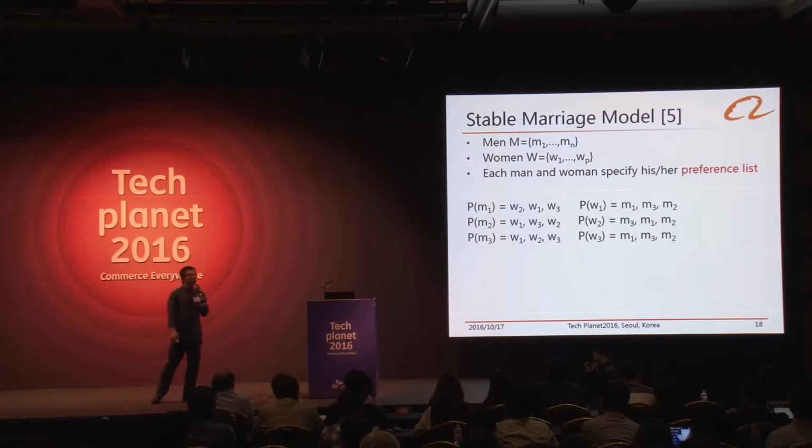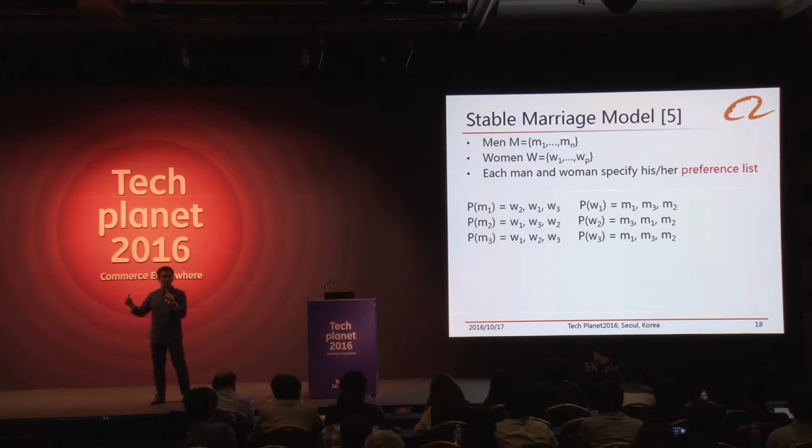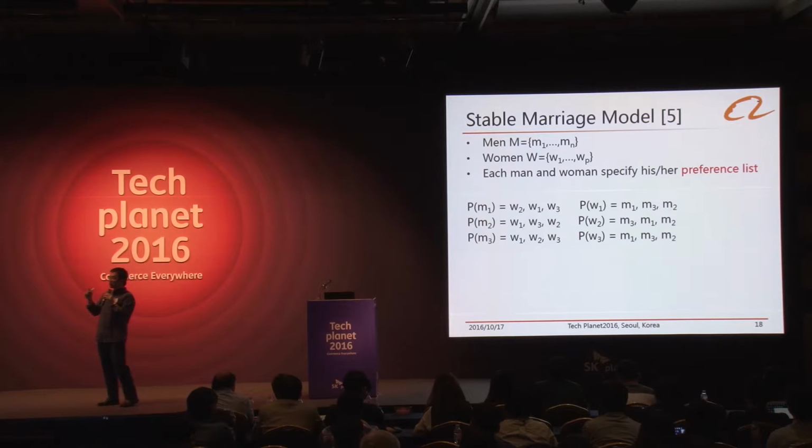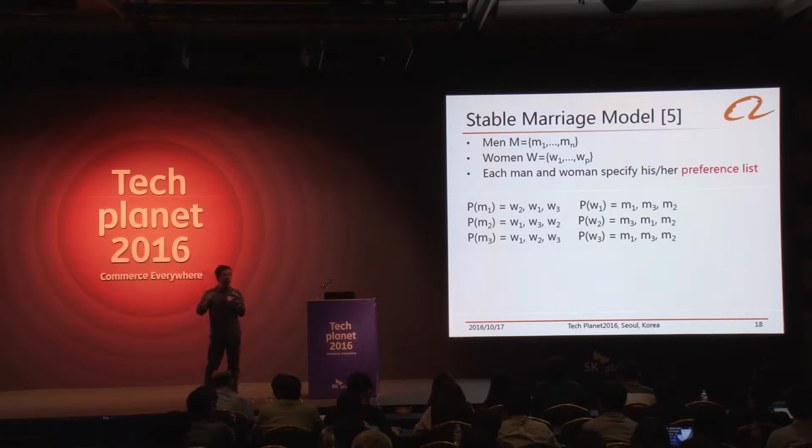Okay, now to illustrate the idea of stable matching, let's start with marriage, because marriage is a very typical matching problem, right? So consider you have a pool of men and a pool of women. For each man and each woman, you ask them to come up with a list of preferences. Look at the example we have on the screen. We have 3 men and 3 women. Each of the men and women has come up with a preference list of their partners.